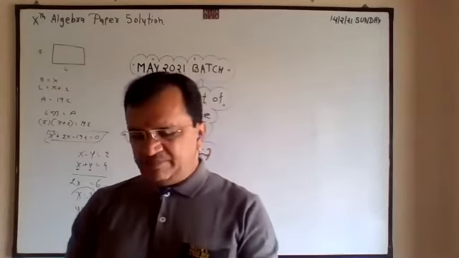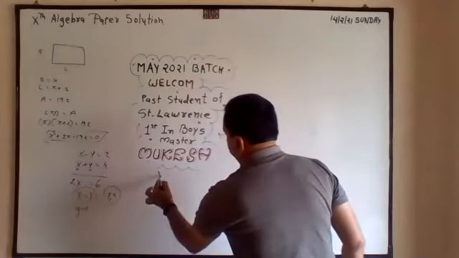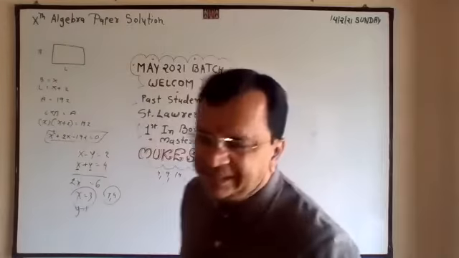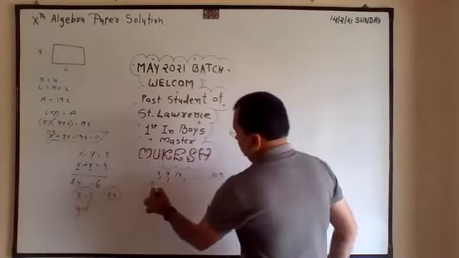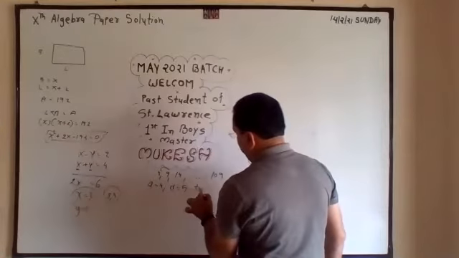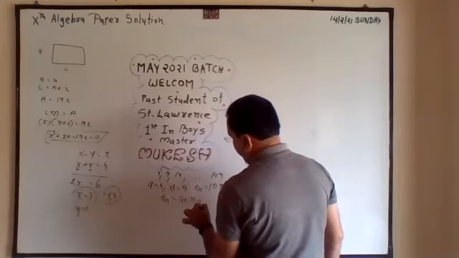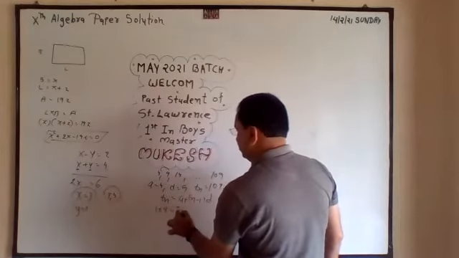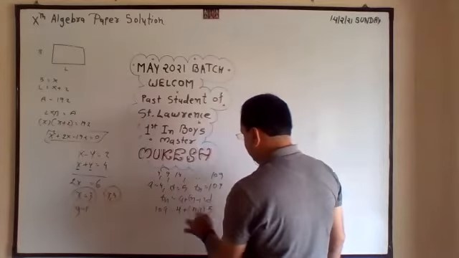How many terms are there? From 4, 9, 14, up to 109. We have to find out the number of terms n. So a is equal to 4, difference is equal to 5. Last term is 109. So Tn is equal to a plus n minus 1 d. 109 is equal to 4 plus n minus 1 d.